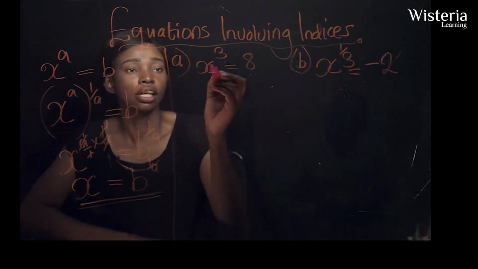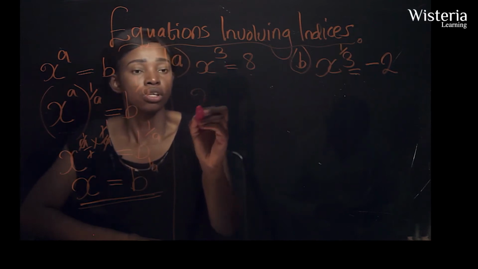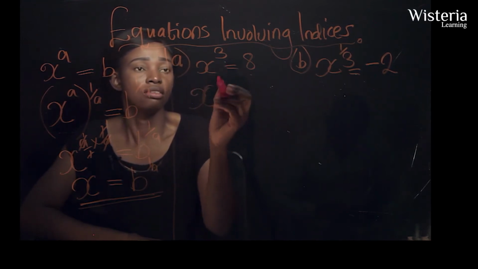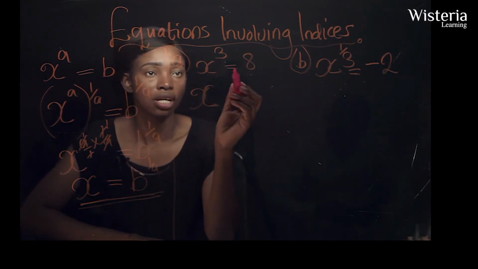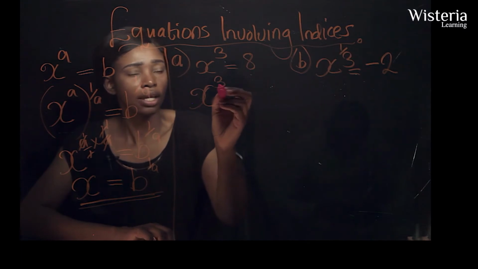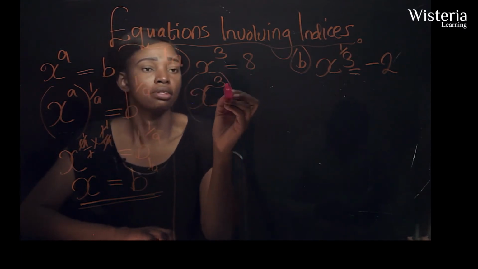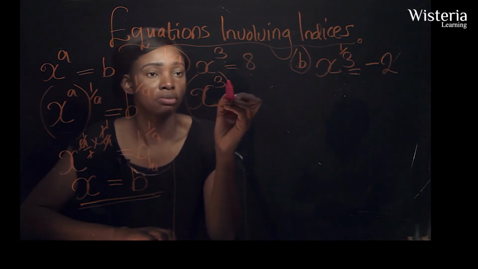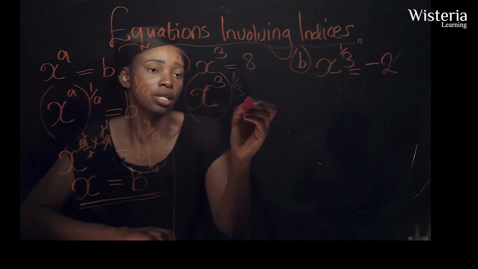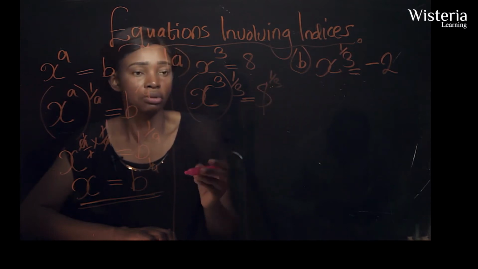Okay, so in this case, we have x raised to the power 3. We find the reciprocal of 3, which is 1 over 3, so x to the power 3 times 1 over 3 is equal to 8 to the power 1 over 3 also.